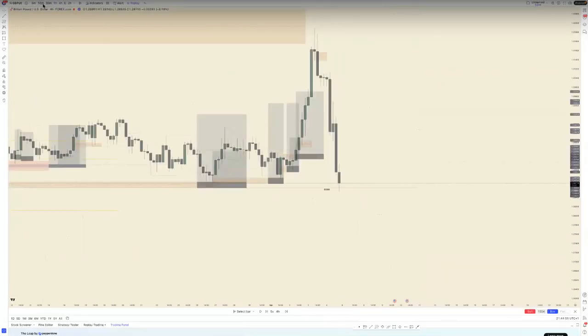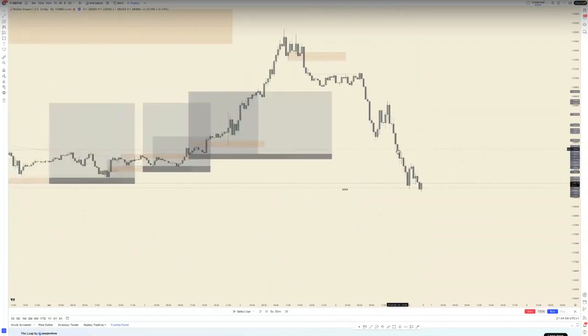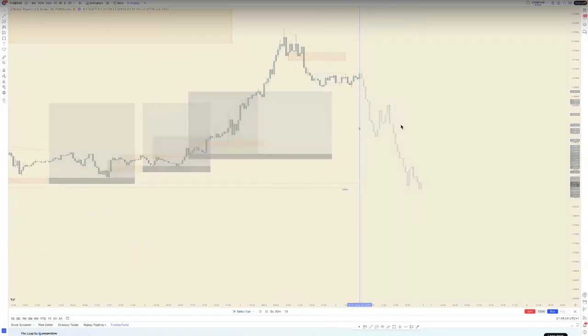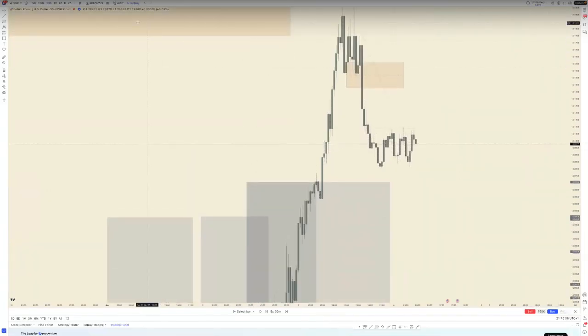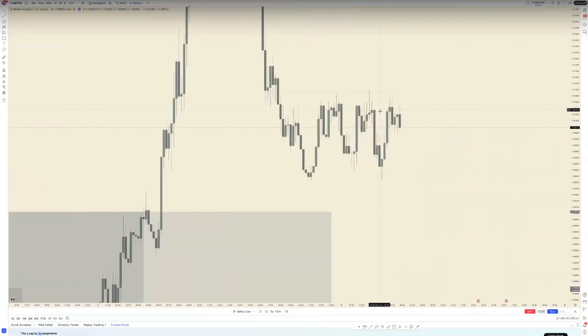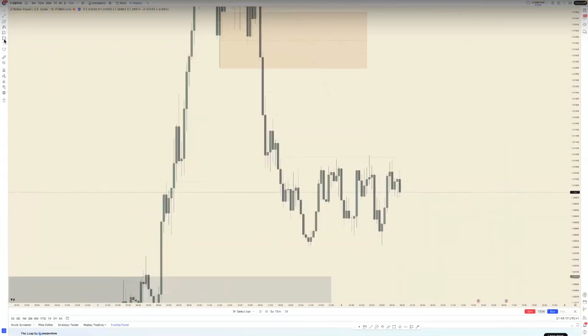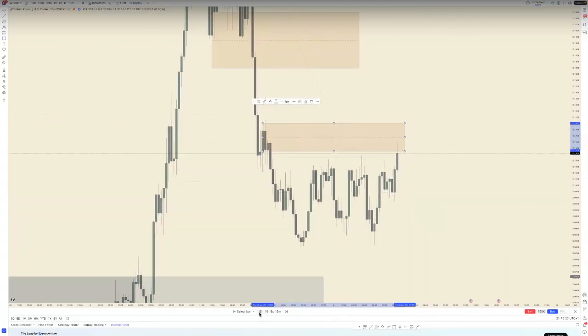Now, it all happened so fast. But let's go back to the 30 minutes so I can show some of the entries. Wow, I don't like what's happening. Let's switch over. Let's see what's left of this. I didn't trade this zone, but I saw it.